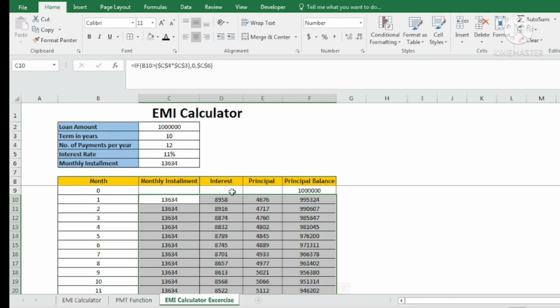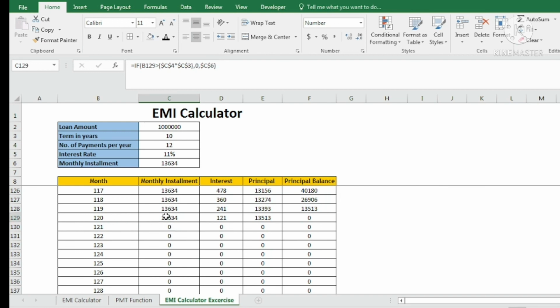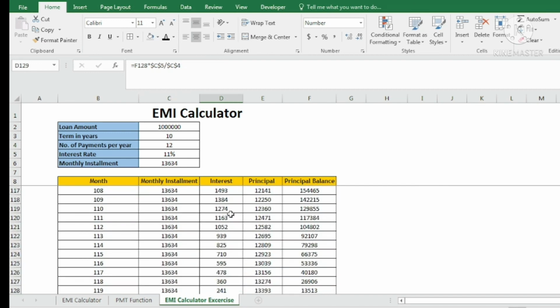What has happened here? It is giving me the correct values. The installment is the same throughout the 120 months, because right now it is 120. My interest keeps on reducing every month. My principal amount out of this installment is increasing, because in the initial phase the interest amount is higher than the principal amount.